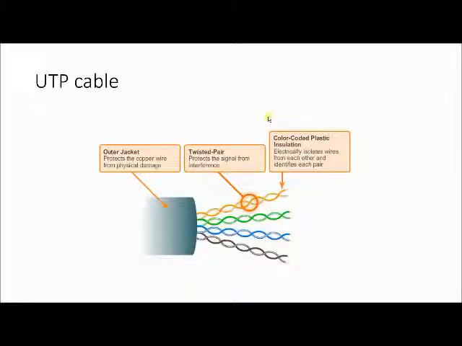There's an outer jacket that is made from plastic that prevents the wire from physical damage. Also the twisted pair that protects the signal from interferences. The more twisted the pair is, the less probability it has to be interfered, and the color-coded plastic insulation, which differentiates and identifies the different pairs of cables.